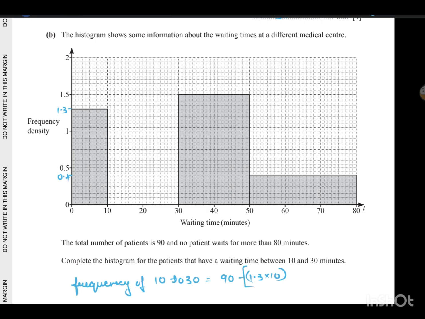Now 1.3 into 10 plus 1.5 into 20, 30 to 40 is 20, plus 0.4 into 30.